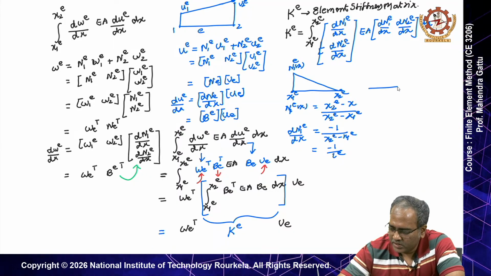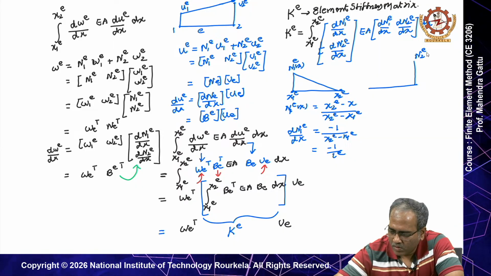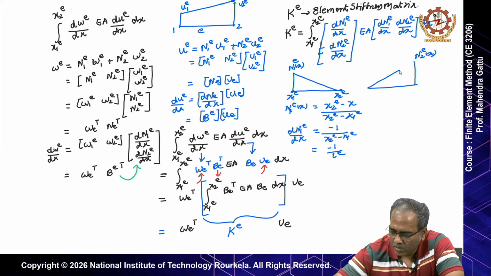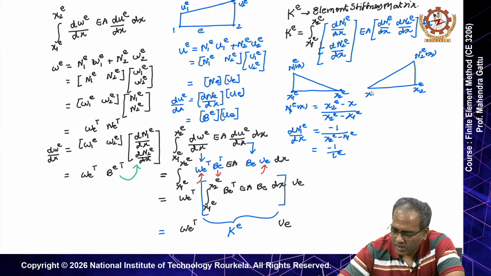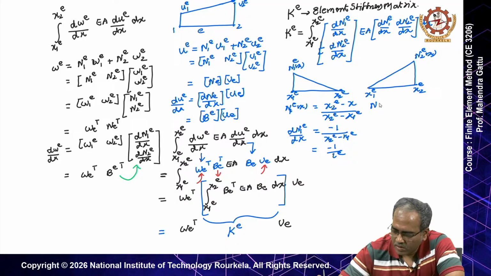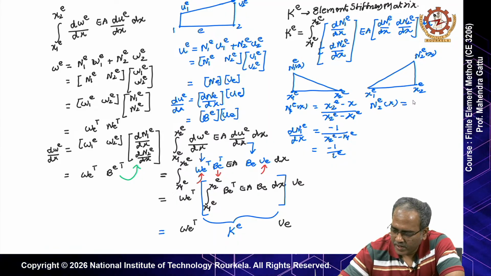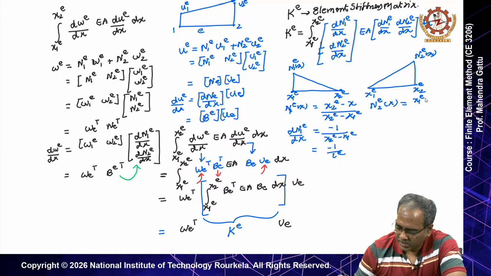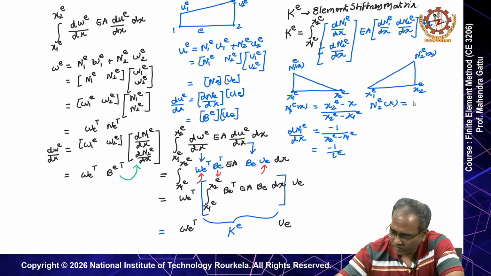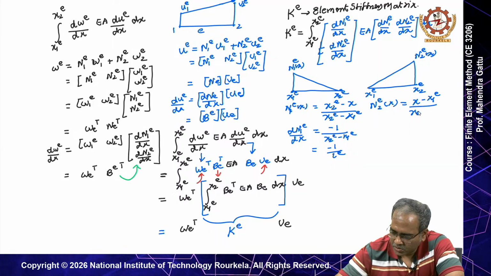Similarly, for the second shape function N2, it will be (x minus x1e) by (x2e minus x1e).